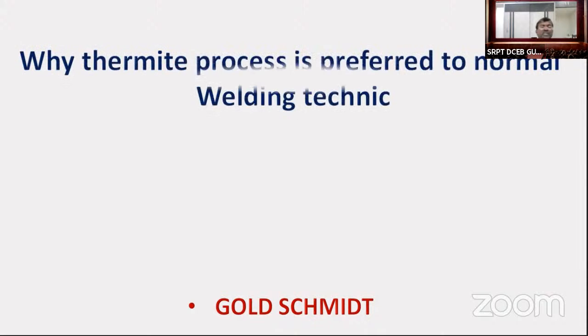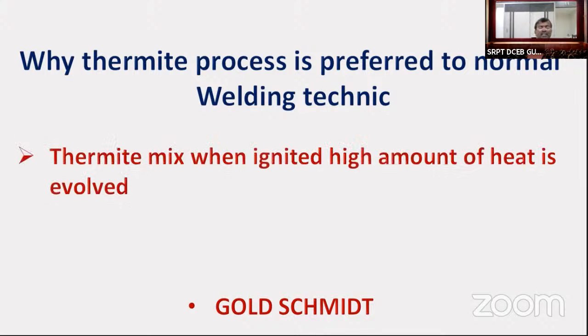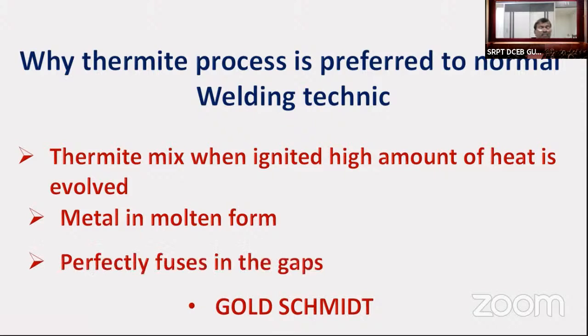Now, a question arises: why is the thermite process preferred to the normal welding techniques? Why is it so effective? We have discussed earlier, because when the thermite mix is ignited, a high amount of heat is evolved. Then what is the use of that high amount of heat? Yes, the high amount of heat converts the metal into the molten form, fused form, or liquid form.